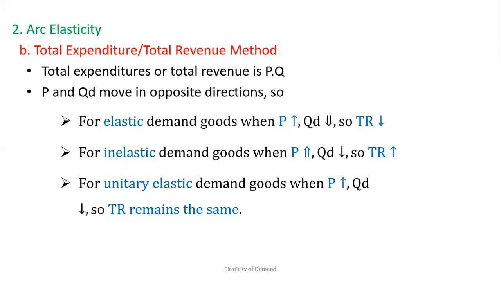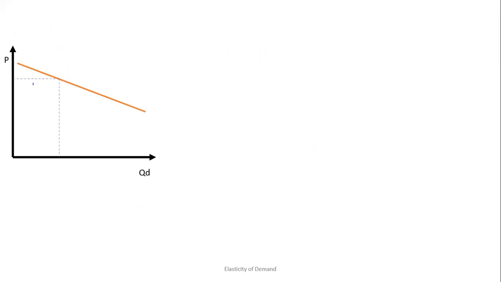Let's also see it with the help of diagrams. Here we take a point and see the price and quantity. Now, because of the decrease in price, there is a small loss of revenue, but there is a big gain of revenue.